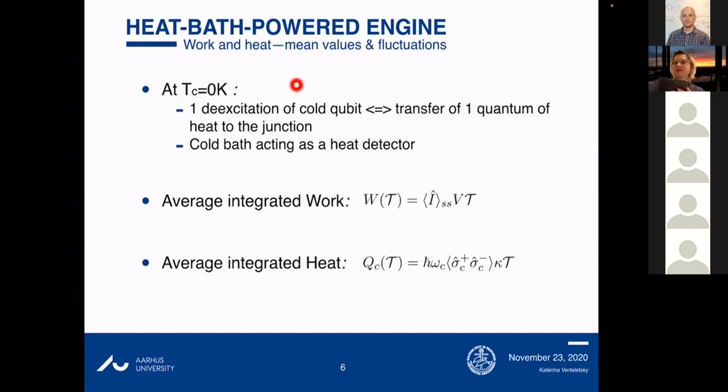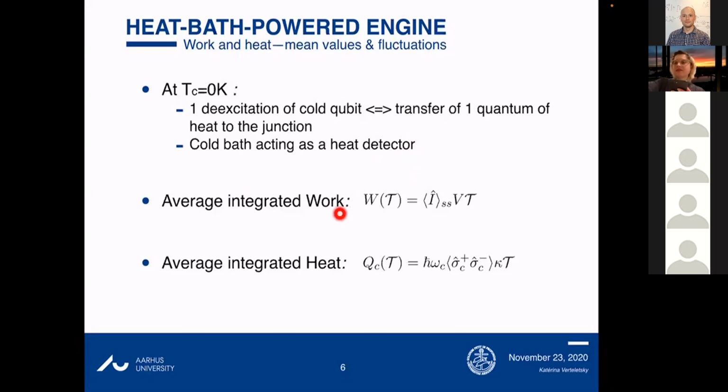We placed ourselves at 0 Kelvin, because then the excitation of the cold qubit meant that one quantum of heat was transferred through the junction, and the cold bath could be considered as a heat detector, which is important for the next part, the fluctuations.